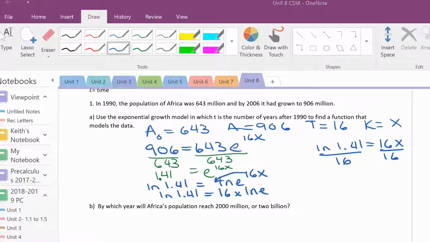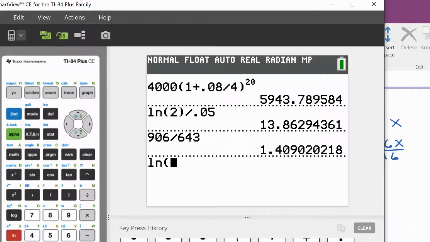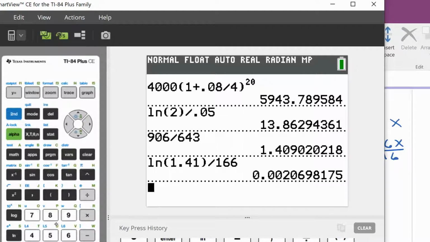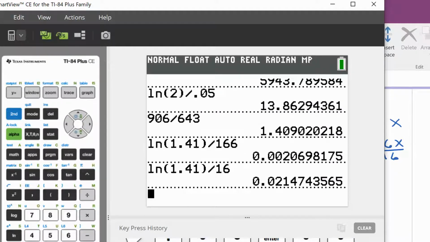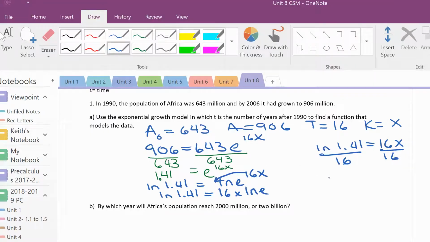So if I go ln 1.41 divided by 16, oh, that's wrong. Let's try that again. So you get 0.0214. So that means the rate is approximately 2.14%.